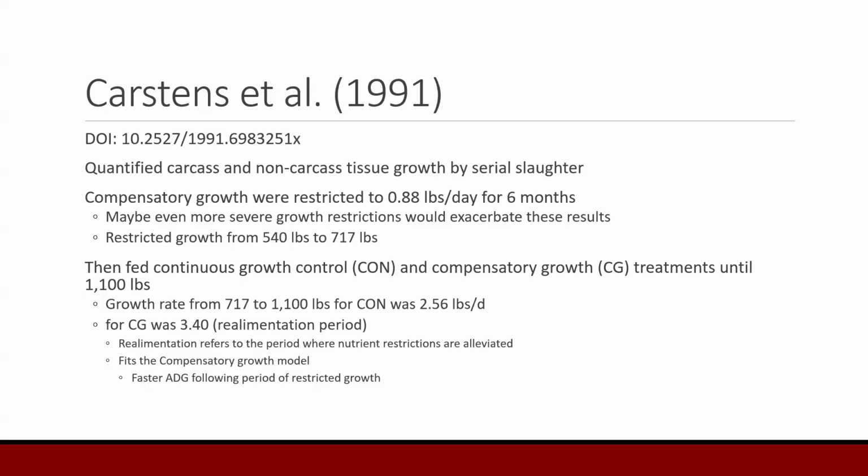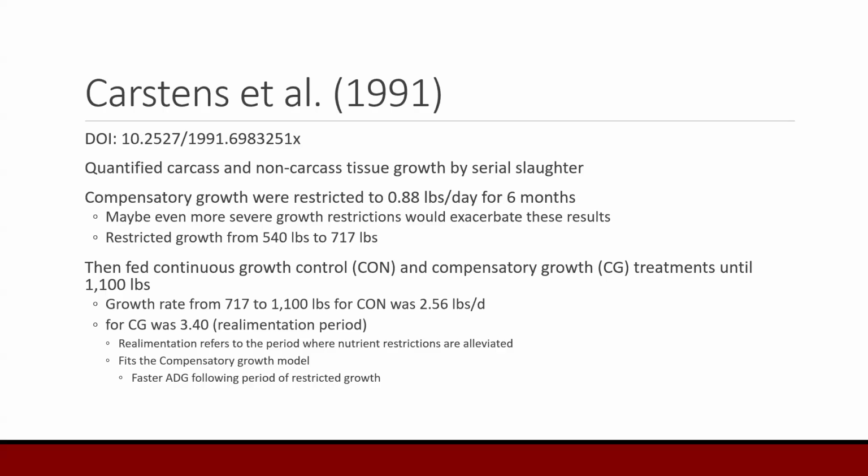For the compensatory growth group, they were restricted to only gain 0.88 pounds per day for 6 months. If they had a compensatory growth group with even slower rates of gain than that, these results could be further exacerbated, so keep that in mind.